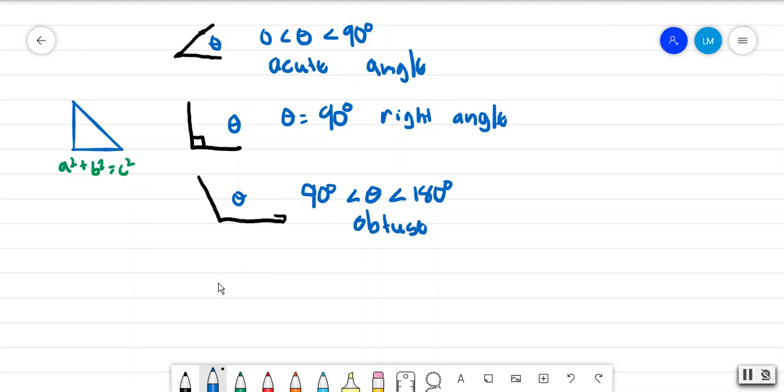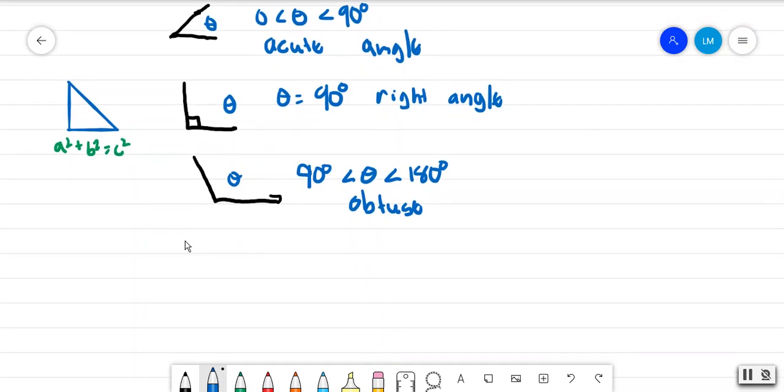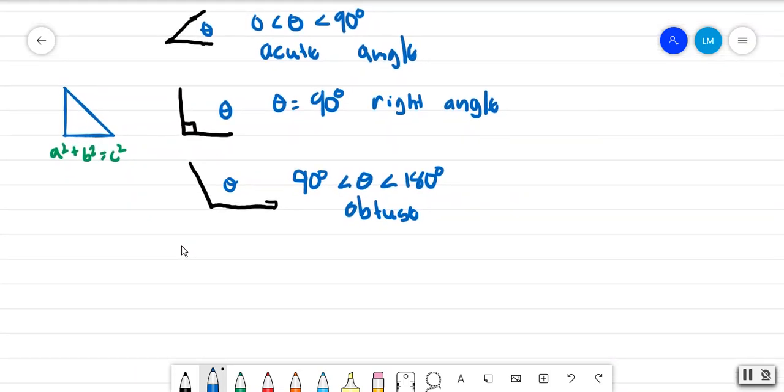We can talk about the geometry, like acute triangles, right triangles, obtuse triangles, or isosceles and so on, and scaling, which is in the next section, but my point is that I don't like to get too caught up on the geometry, even though trigonometry is really geometry and algebra.